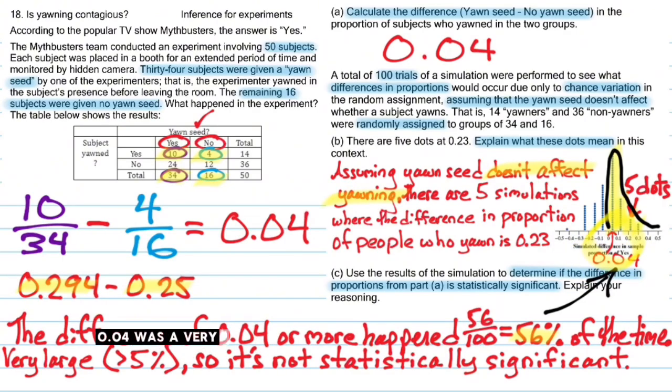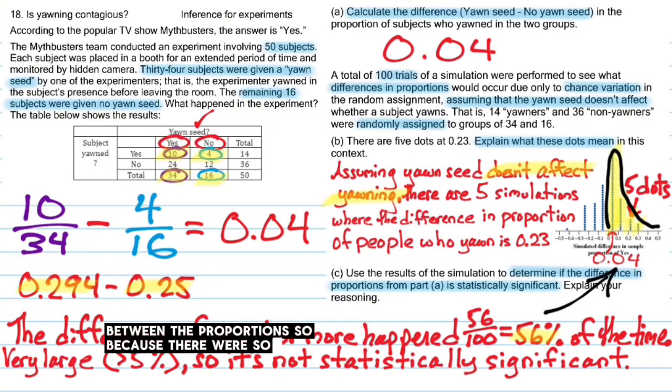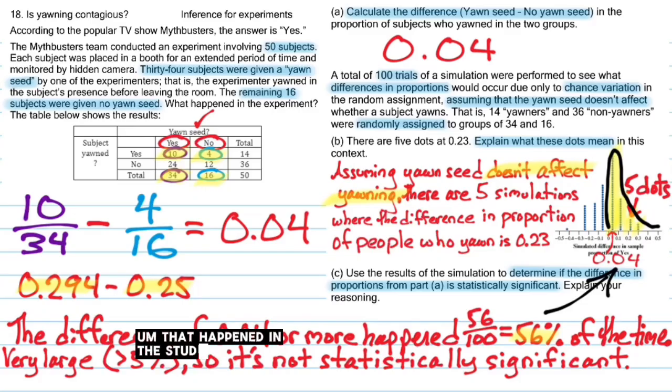0.04 was a very, very small number right there, but there were a whole lot of results from the randomization that were at least 0.04 or more as a difference between the proportions. So because there were so many 0.04 differences that happened in the study, that is way more than 5% of the time.